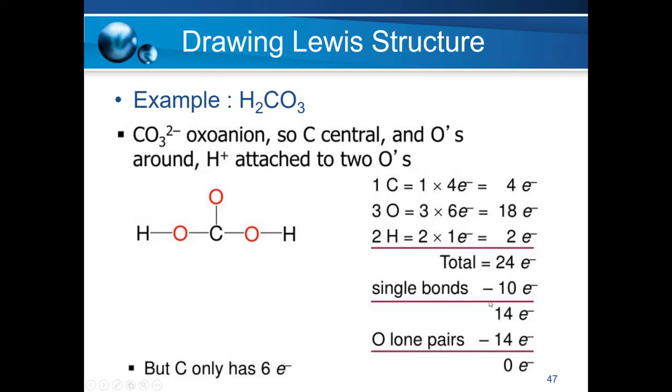So the single bonds are 2, 4, 6, 8, 10. So you get 14. 14 minus, does oxygen have a lone pair or not? No. Minus 14, you get 0.